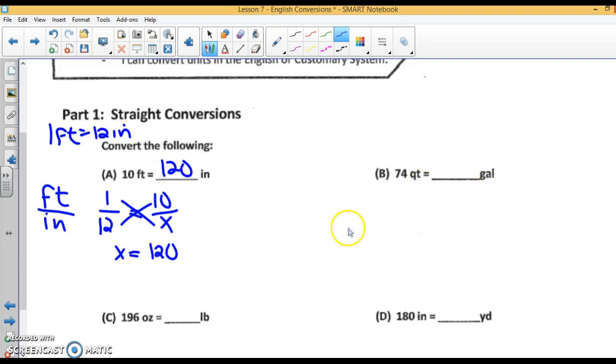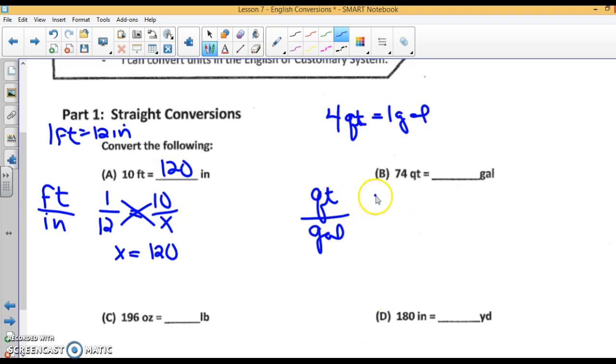All right. Here we go, quarts and gallons. So my cheater fraction, quarts over gallons. You are going to look at your conversion sheet, and your conversion sheet tells you 4 quarts in 1 gallon. So 4 quarts for 1 gallon. That's my cheater fraction, and that's my conversion.